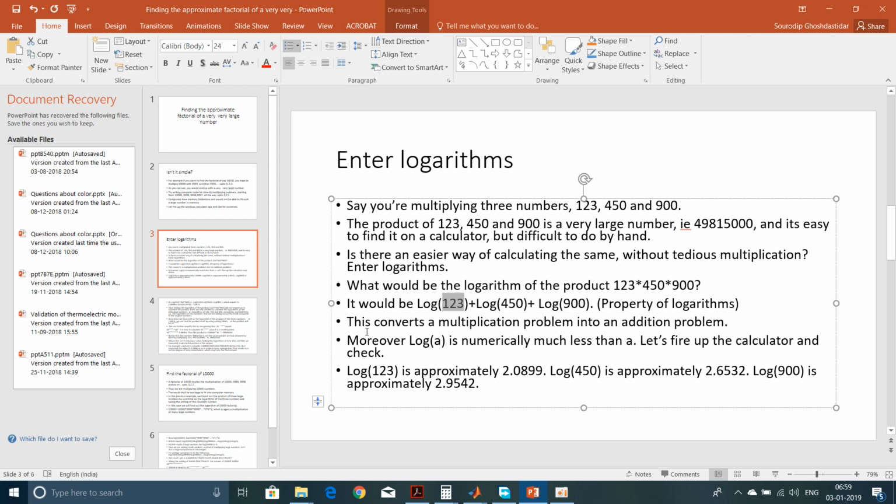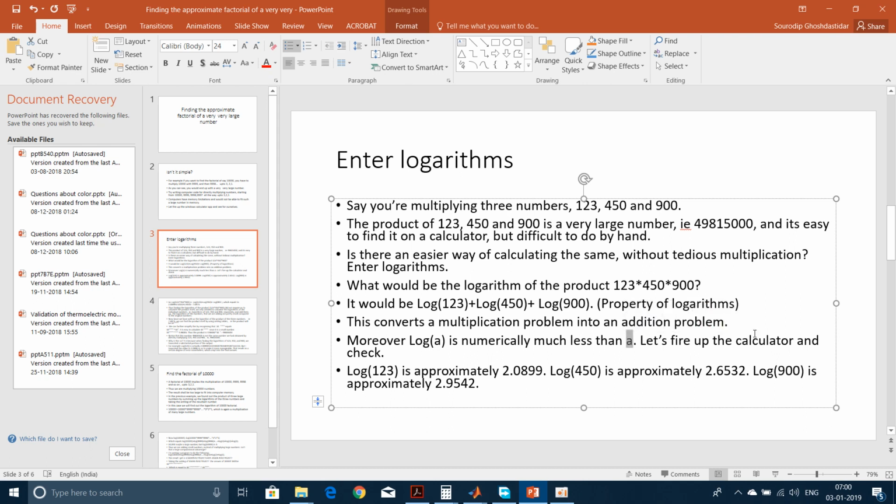So what happens is, instead of multiplying these numbers, we are finding out the logarithms of the individual numbers and adding them up. This converts a multiplication problem into an addition problem. And the log of a number is much, much smaller than the original number.